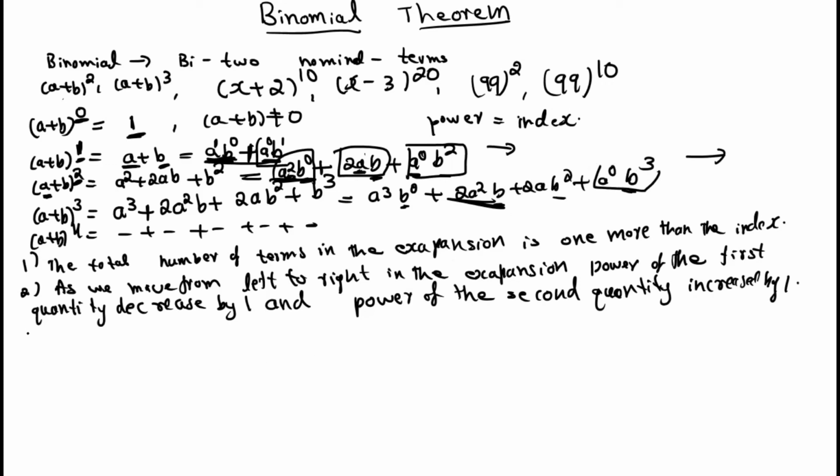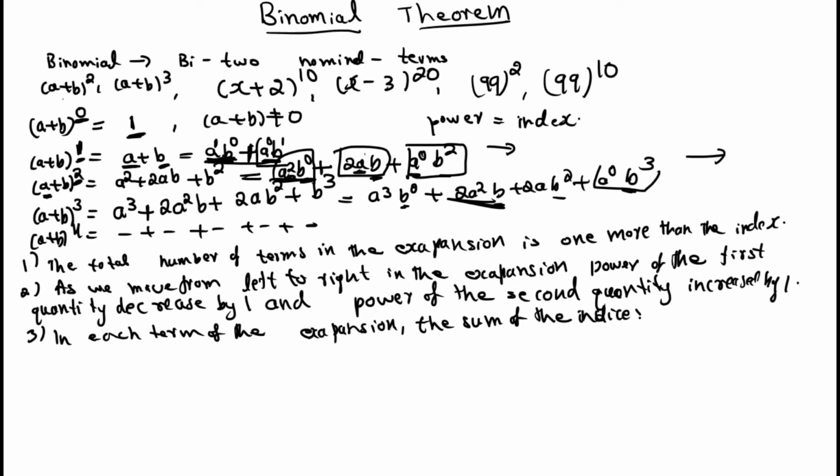By this, you can say that in each term of the expansion, you are considering each term of the given expansion, the sum of the indices of a and b, that means first quantity and the second quantity, is the same and is equal to the index of (a plus b).